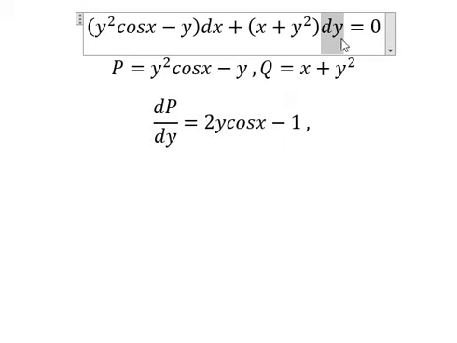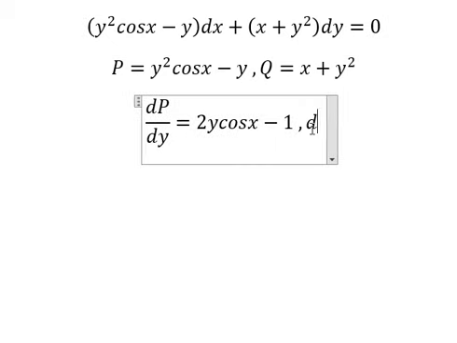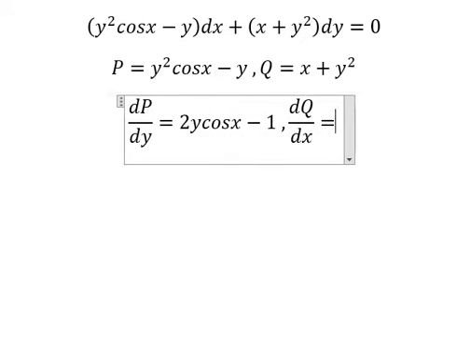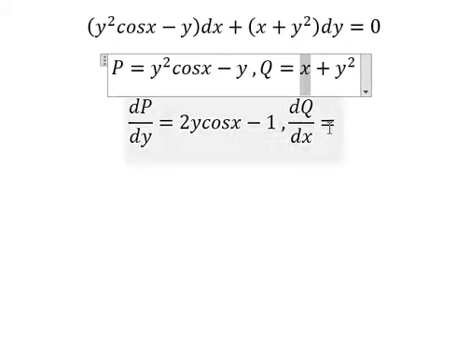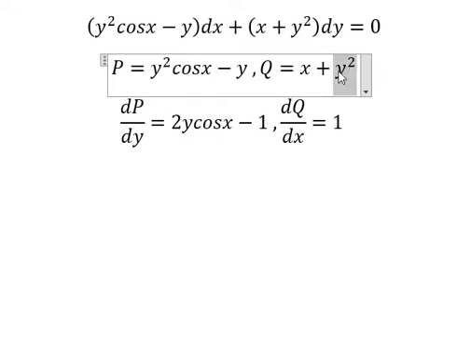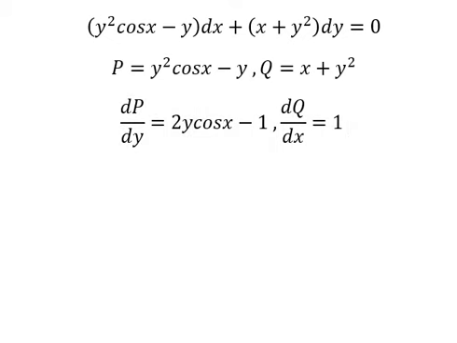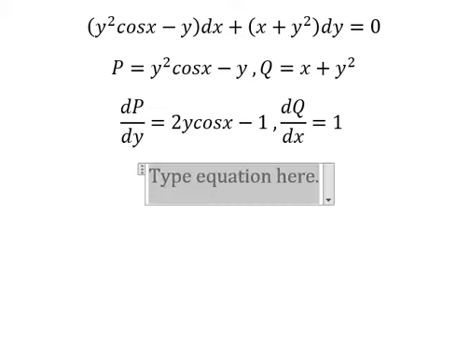We have dy, so we need to do first the derivative of q with respect to x. So this one we have number 1. This one we don't have x, so you got 0. We say that this one is not same with this one. So we can use about integrating factor.